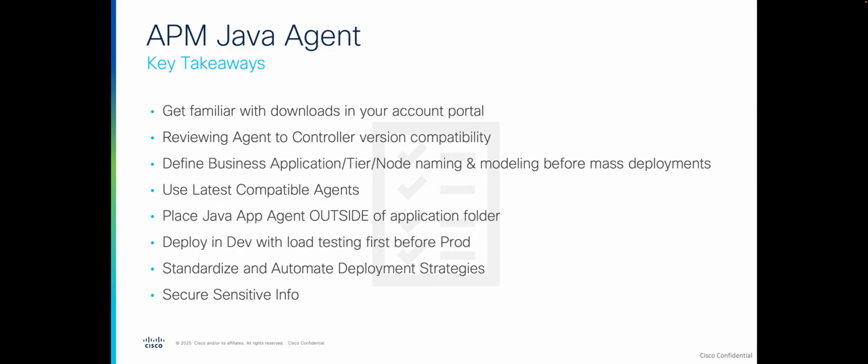Try to keep a standard. You will see that a lot of people prefer a naming structure or a hierarchy or nomenclature. You want to make sure that the naming is correct and consistent, and come up with the modeling of those applications so you get the most transactions going from tier to tier without it being overwhelming.